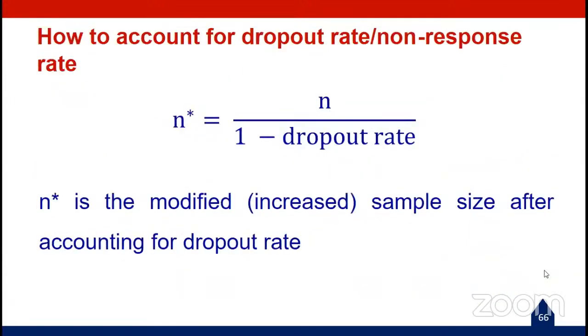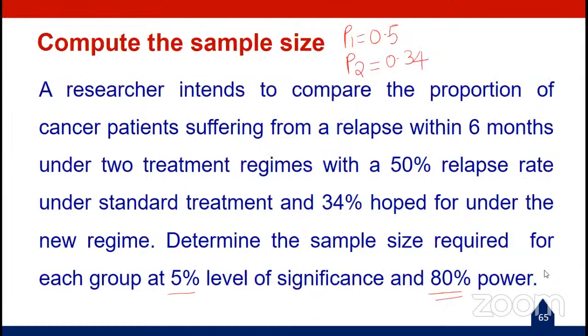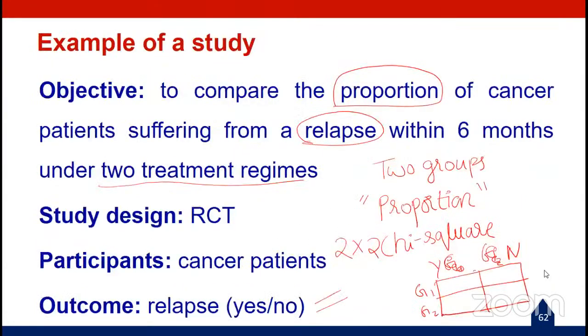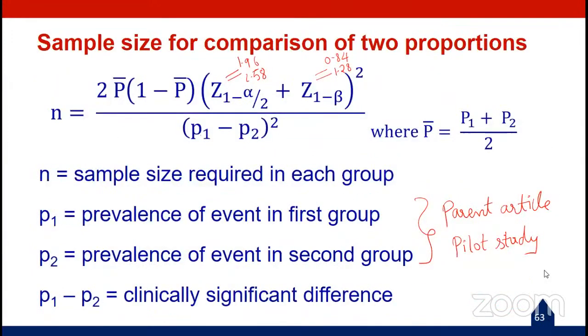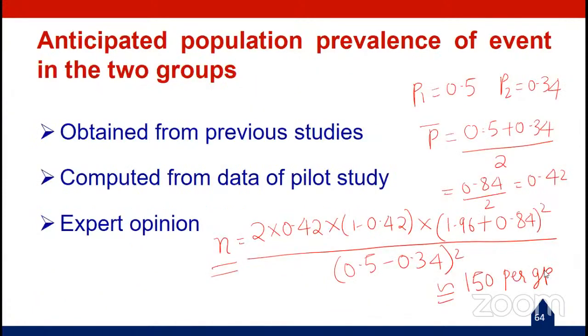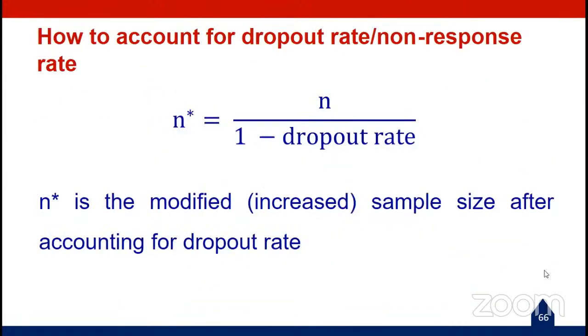Now we need to make some adjustments to the sample size. One is dropout rate or non-response rate. These two examples are definitely RCTs, as they involve follow-up, so definitely there will be some dropout. So we anticipate the dropout during the sample size calculation and increase the sample size as a preventive measure.